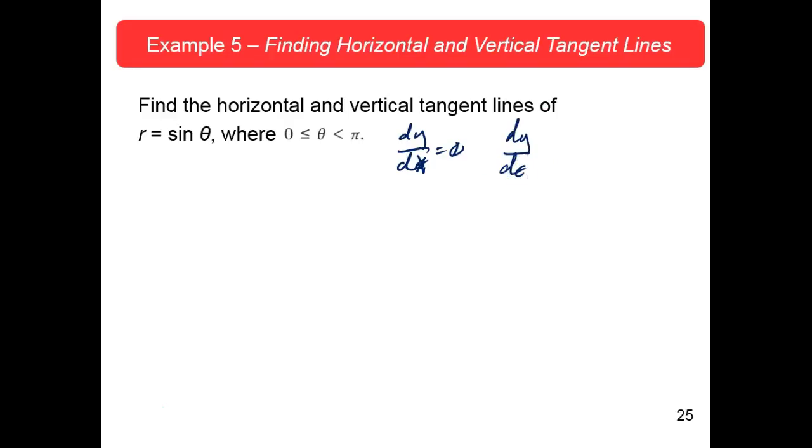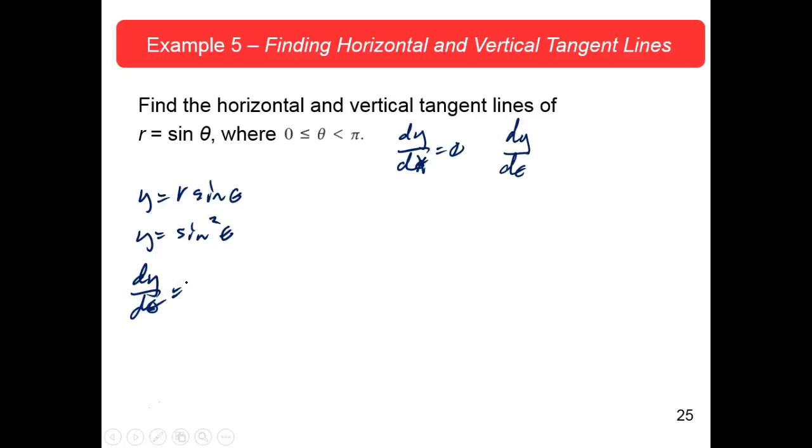And since y is equal to r sine theta always, then y is equal to sine squared theta. How in the world I got off onto the other thing, I don't know. R is sine theta times sine theta is r sine squared theta. This is what we do dy d theta.